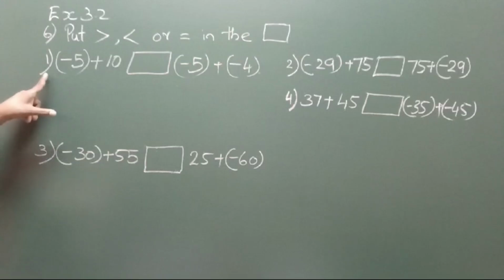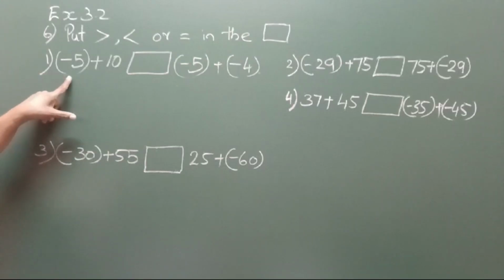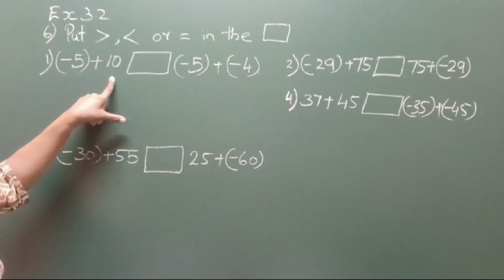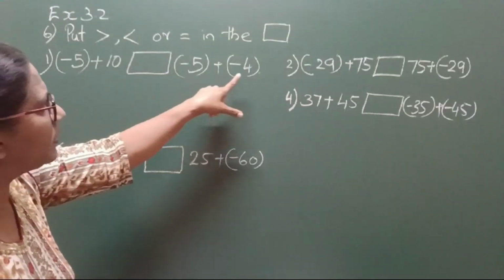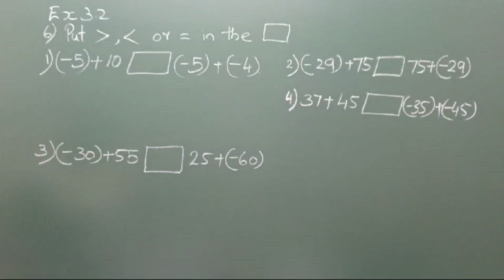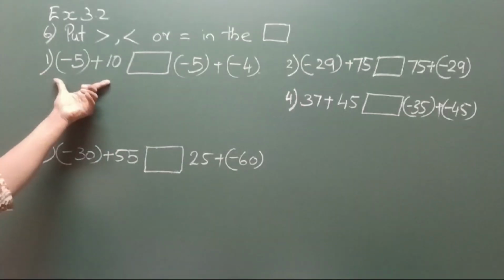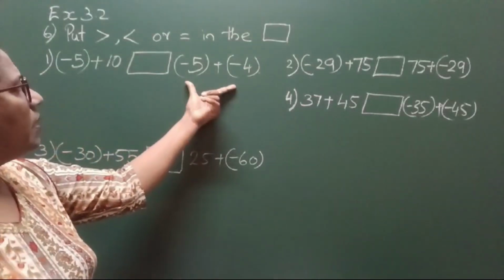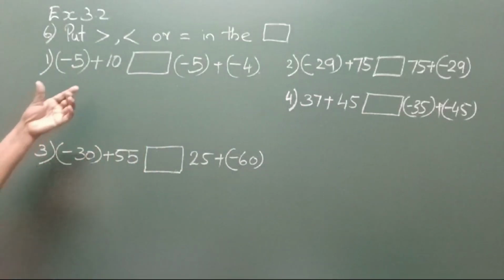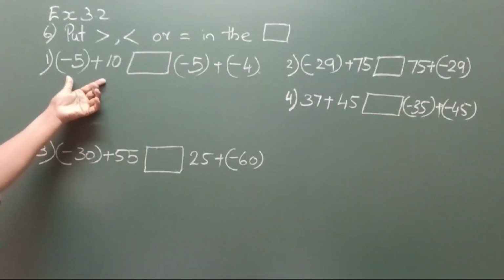Under 6, the first question is minus 5 plus 10 and minus 5 plus minus 4. Here two different integers, here same integers. Since they are two different integers, what do we have to do?